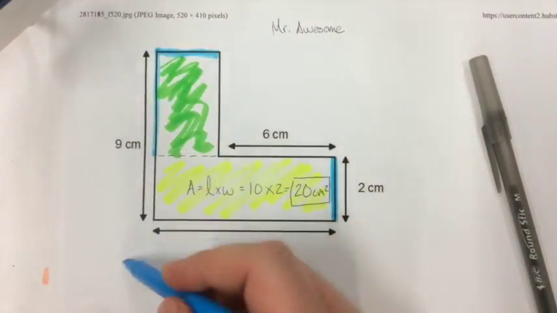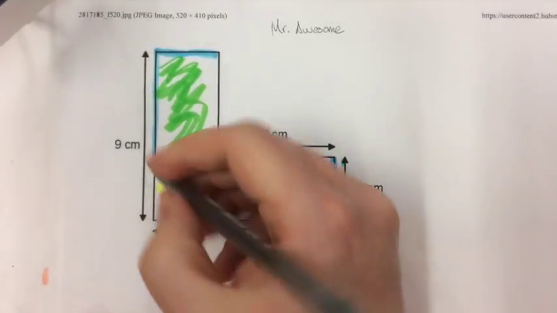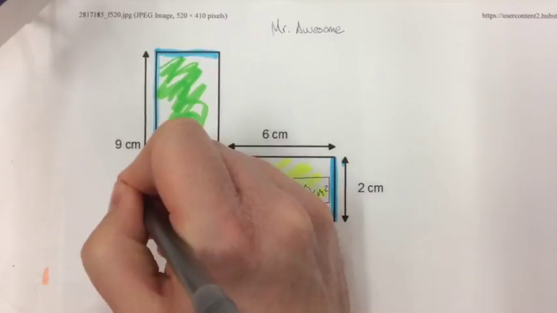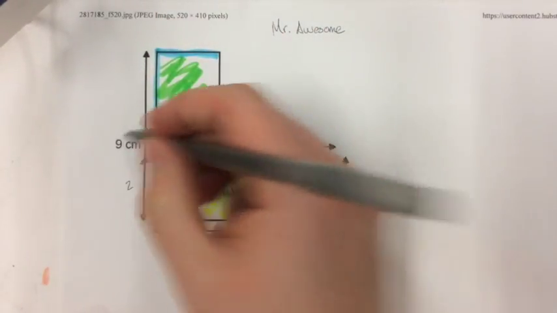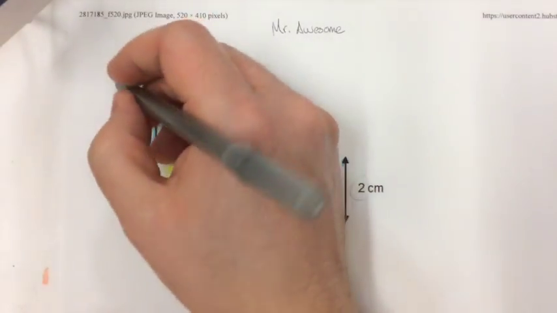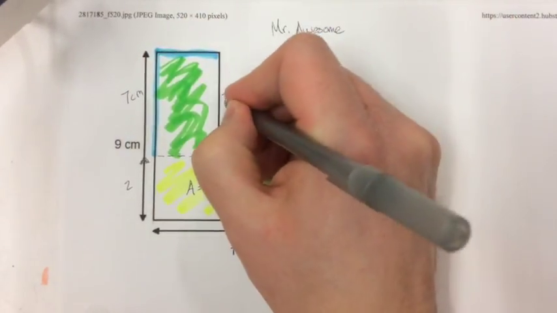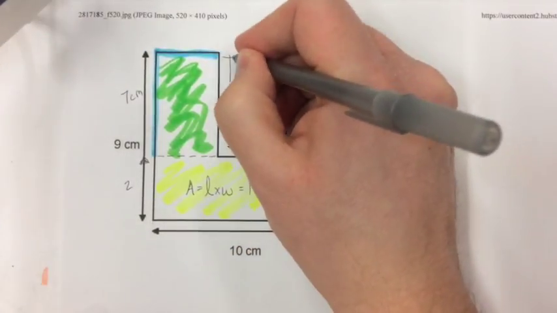So if this is 9 centimeters and I have this already being 2 centimeters, it's 2 centimeters to right here, well then what's left over? How much is this long one? Well, I have 9, but I've used up the 2, so this in fact here is 7 centimeters. I can write it over here, 7 centimeters from here to here.